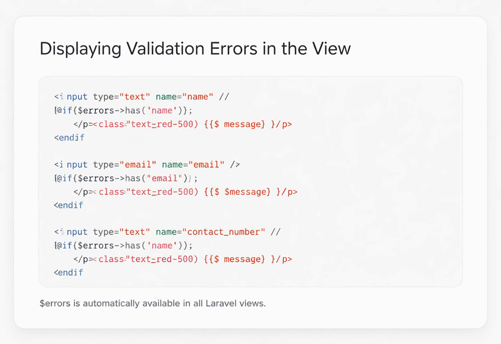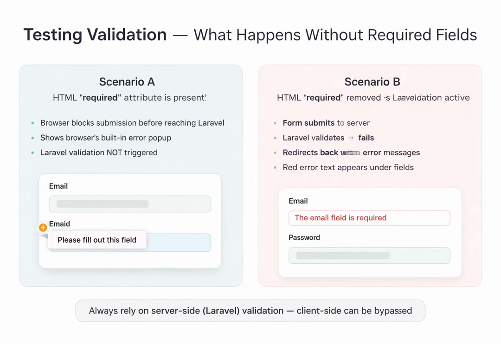A quick tip: you can use Ctrl-D to select multiple occurrences and add the class to all error paragraphs at once. The instructor does a live test to show how validation works. First, with the HTML required attribute present on the inputs, submitting an empty form is blocked by the browser itself. Laravel never even sees the request. That's client-side validation.